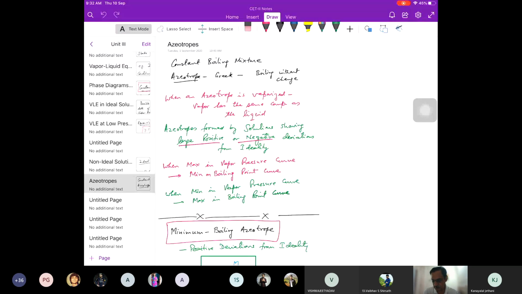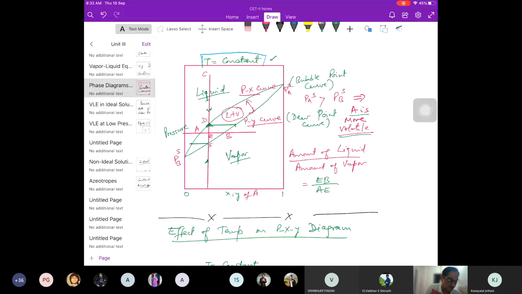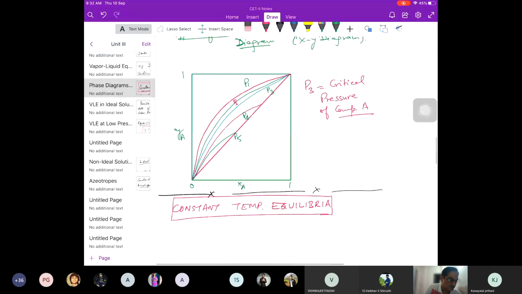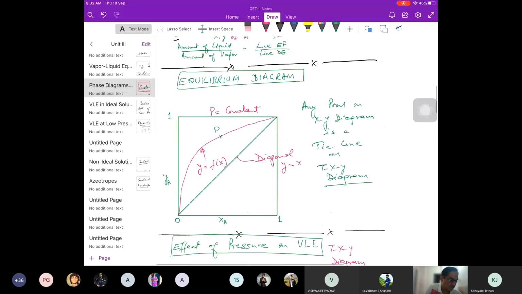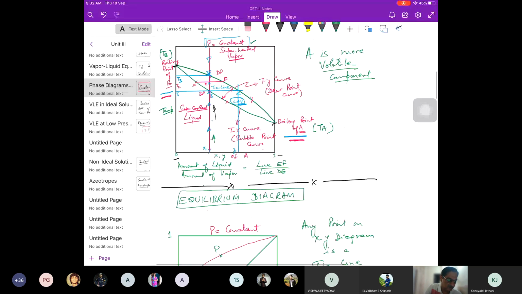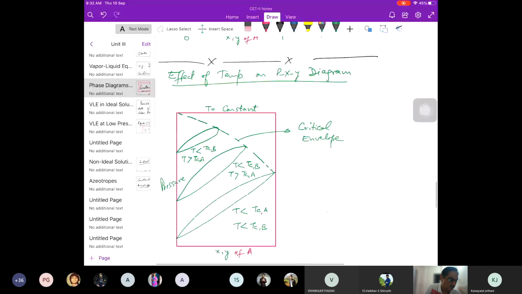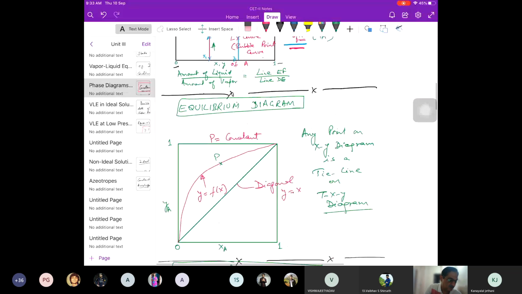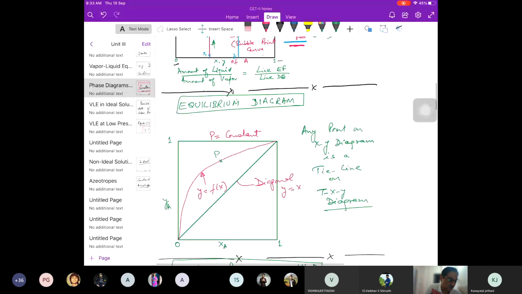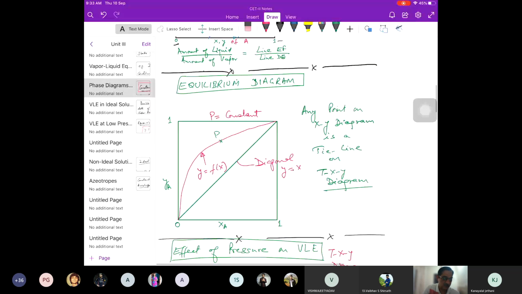Okay, so it's a constant boiling mixture. Azeotrope means constant boiling mixture. जैसे हमने अभी देखा था, if you really remember phase diagrams, XY diagram. So if you look at this, this is the equilibrium diagram, right? XY diagram, याद है?